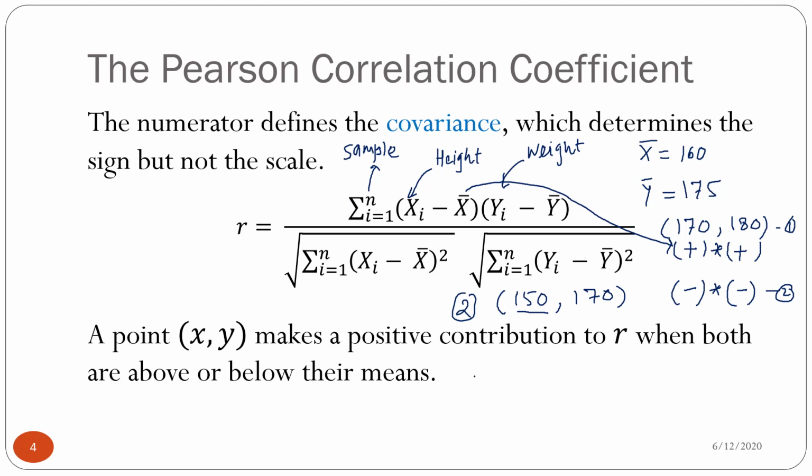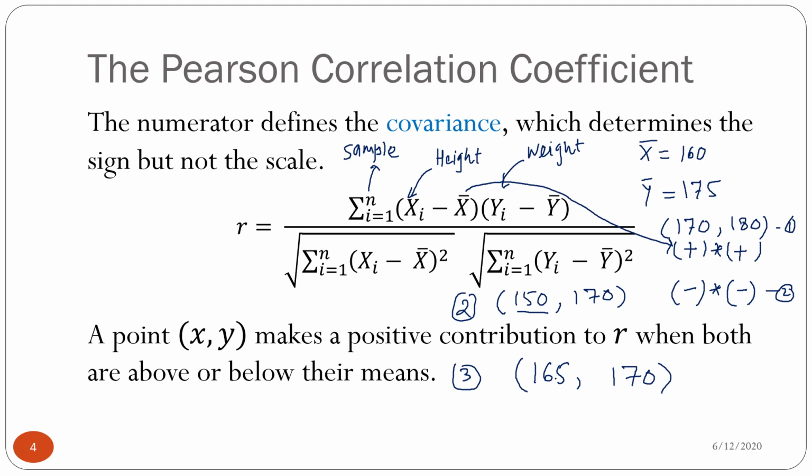Okay, so now let's think about the third scenario. Let me take 165 as the value of height and the weight could be 170. Alright, that's the third sample.